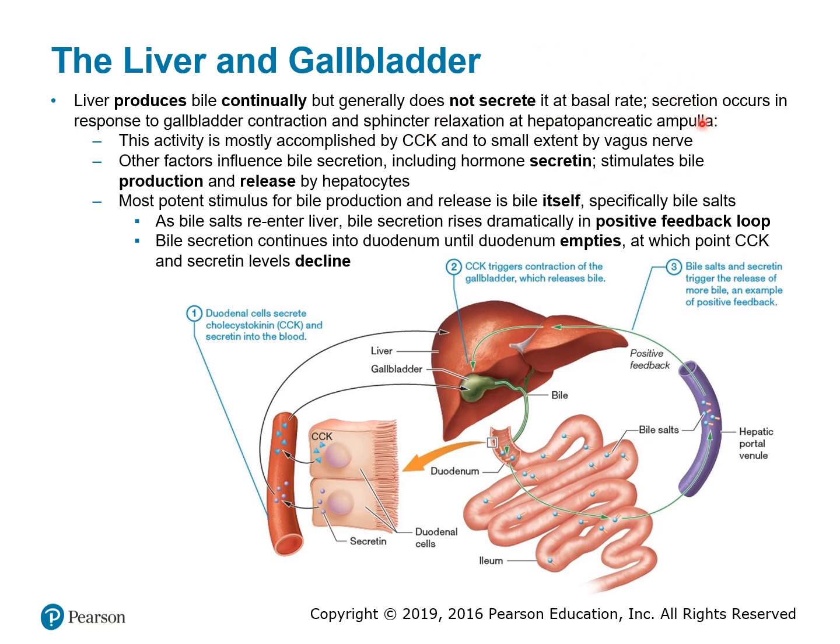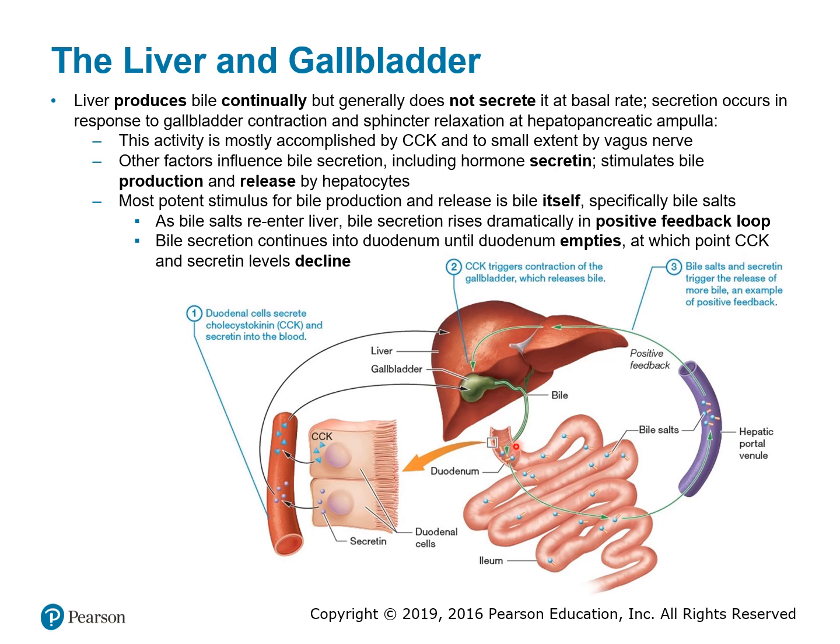Other factors that influence bile secretion include the hormone secretin, which stimulates the production and release of bile by hepatocytes, which are part of the lobules of the liver. So how does that work? Once again, you have your duodenal cells, which are part of the small intestine. They're here.